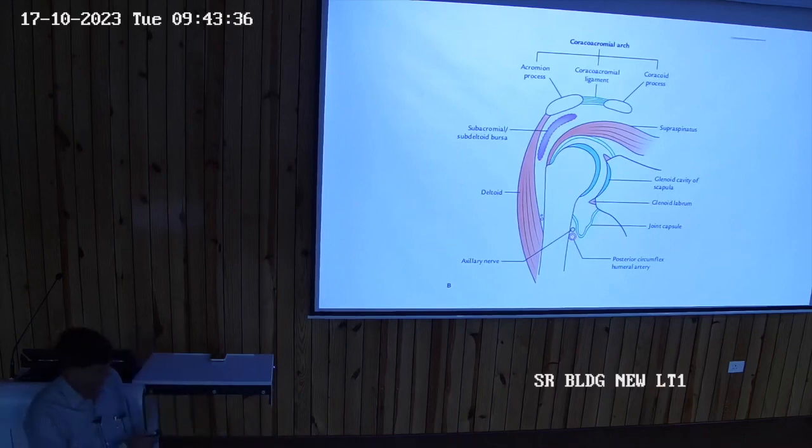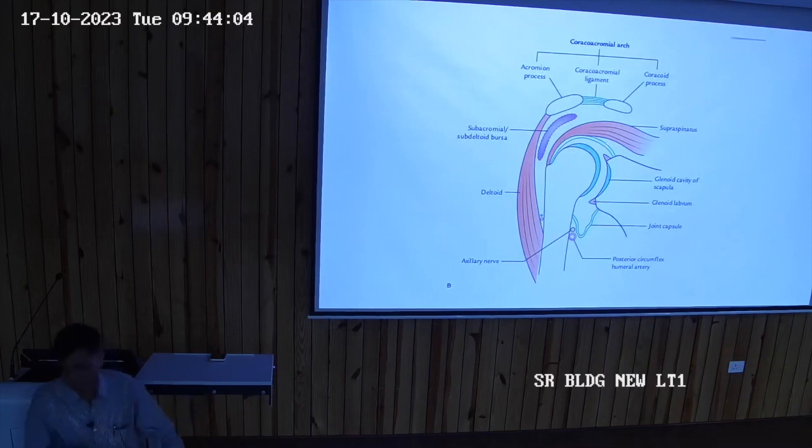And another point I told you, the tendon of the supraspinatus muscle is calcified. There is deposition of the calcium at the tendon of supraspinatus muscle. So due to these two, whenever there is a movement, abduction, what will happen? The bursa is inflamed, so this bursa will rub between the head of humerus and the acromion process.